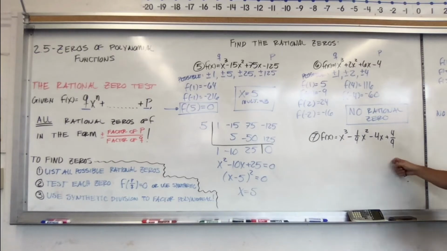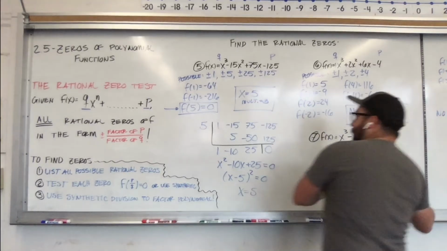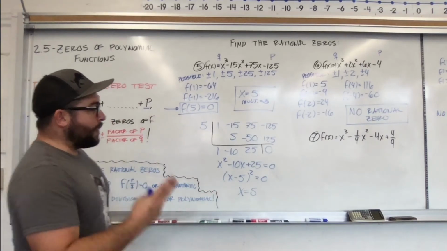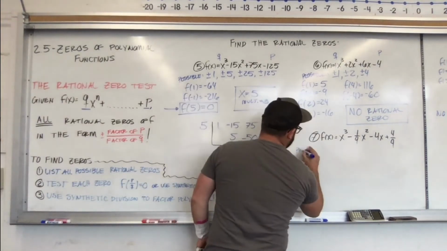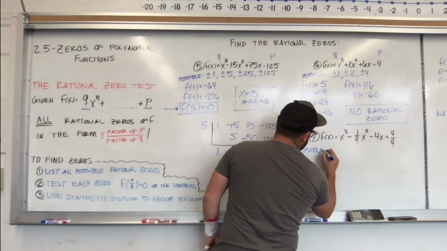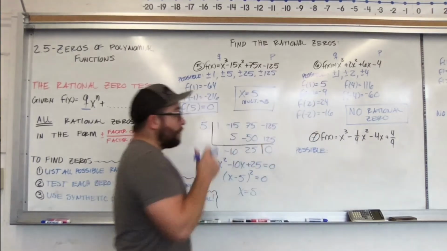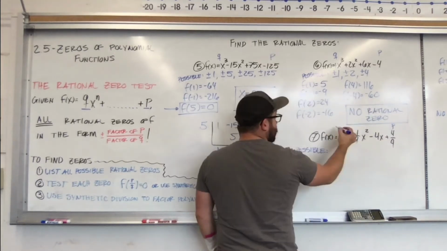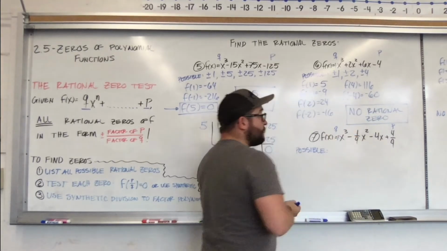And now for number 7, I'm not going to work the entire thing out and find the zeros, etc. But I want to go about it two ways for finding my possible zeros. For one, we have P, which is 4/9, Q, which is 1.